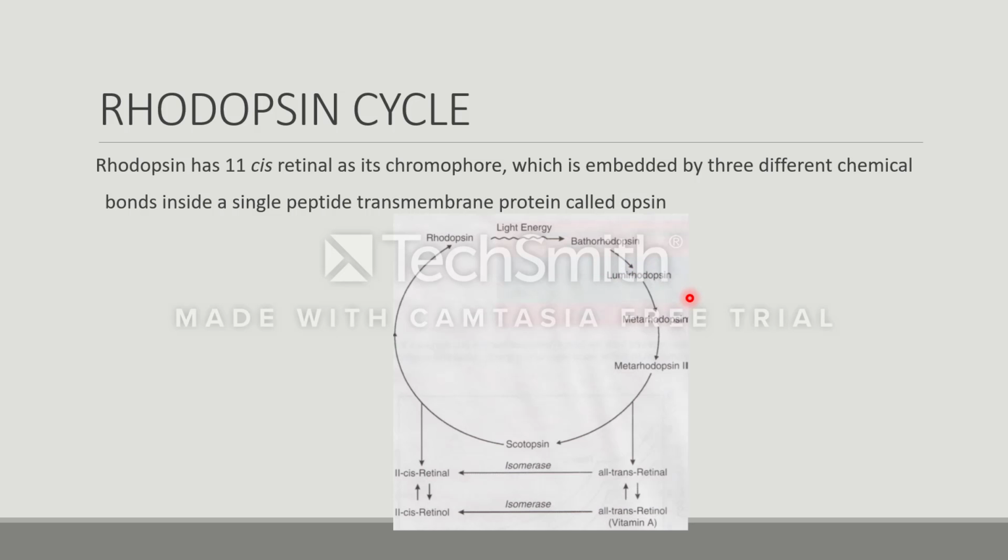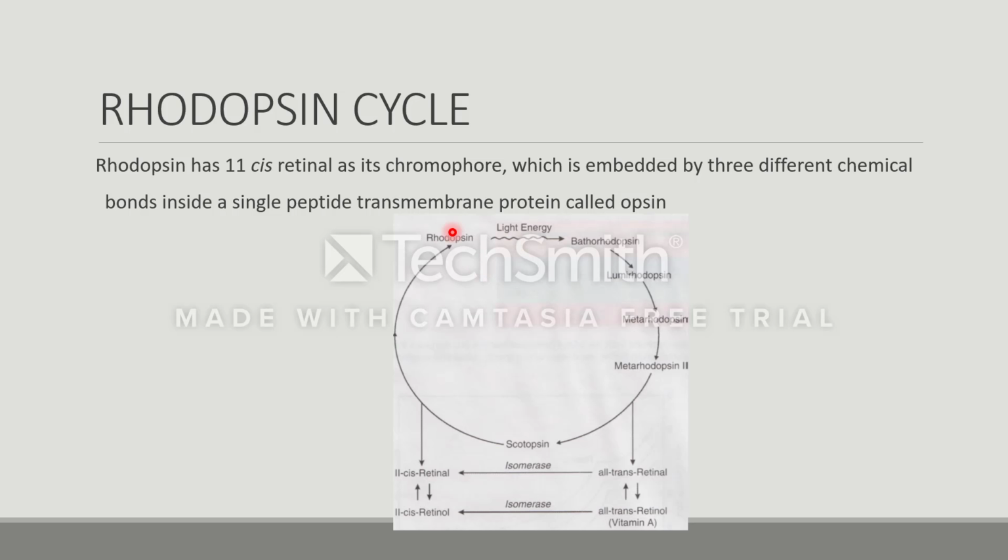Metarhodopsin I is formed in microseconds, metarhodopsin II in milliseconds, which activates transducin and produces all-trans retinal and opsin or scotopsin. This all-trans retinal is converted to vitamin A, and with the help of the isomerase enzyme, it is then again converted to 11-cis retinal, and then these two are again combined and form rhodopsin. So this visual cycle keeps on happening.